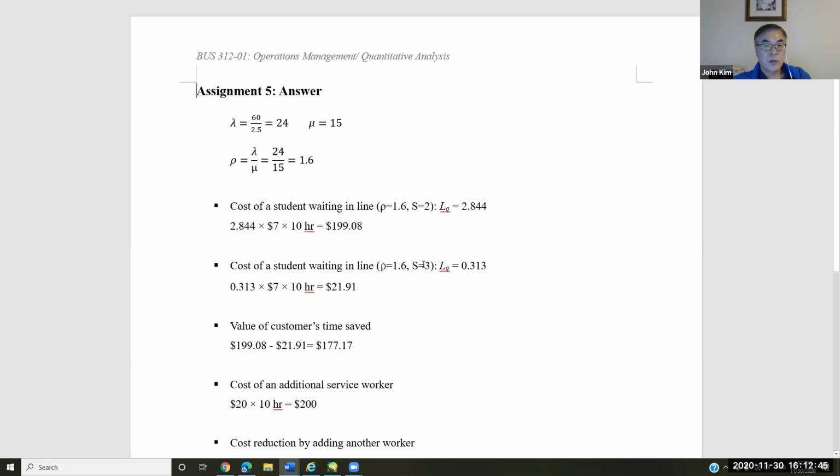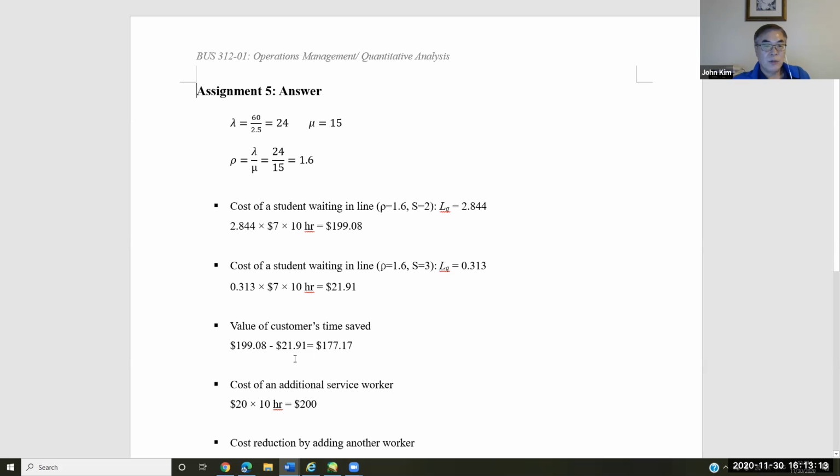So Lq when 3 workers work is 0.313. Then the same customer cost per hour times 10 hours, the cafeteria is open. So when 2 workers work and then 3 workers work, the customer cost difference is 177.17.